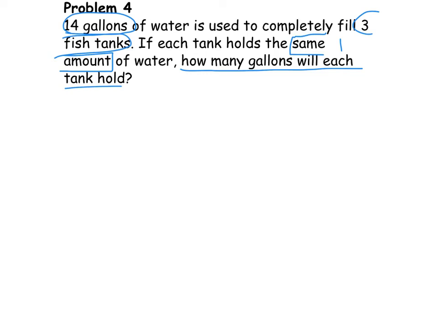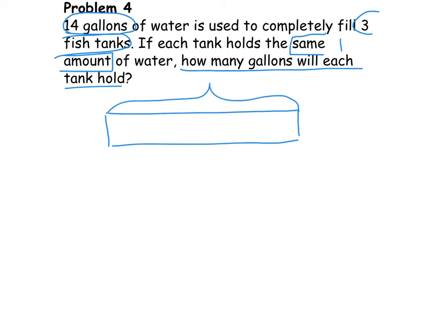So I'm going to make my tape diagram. I know my total, which just happens to be 14 gallons of water. I know that I'm filling 3 fish tanks. So that's where my 3 tanks are.